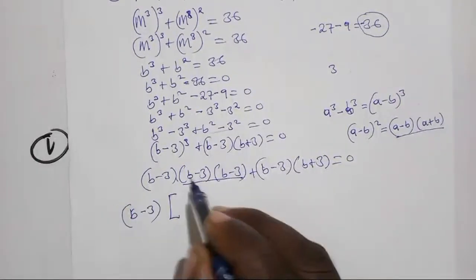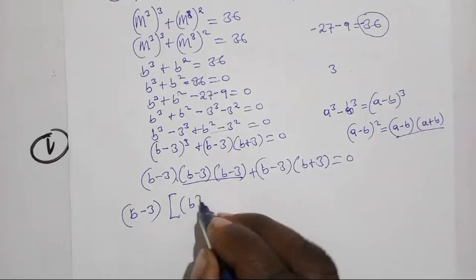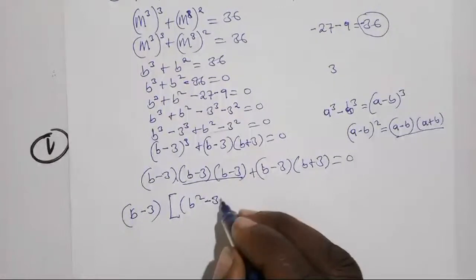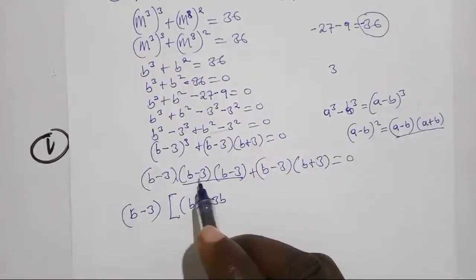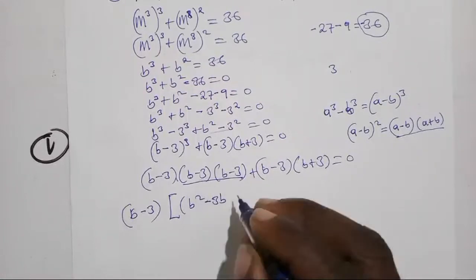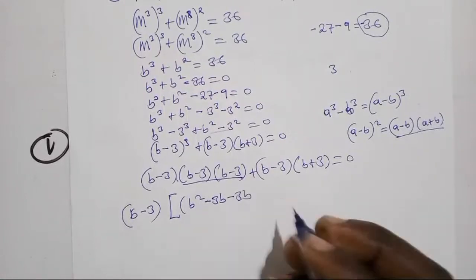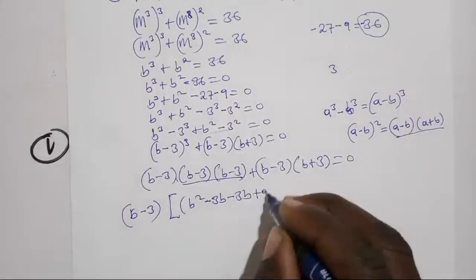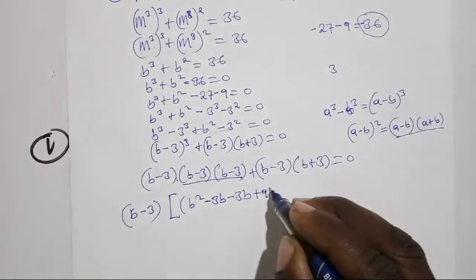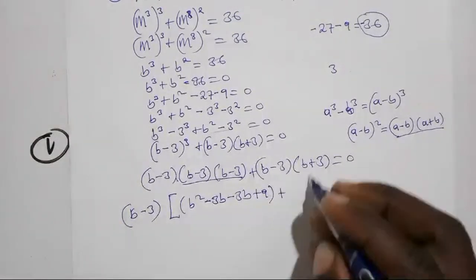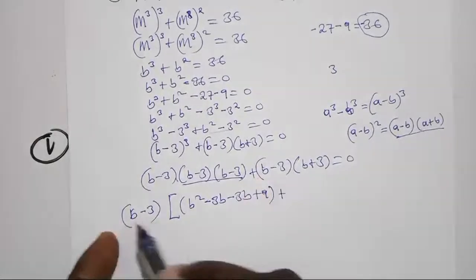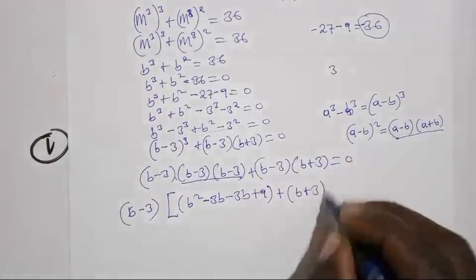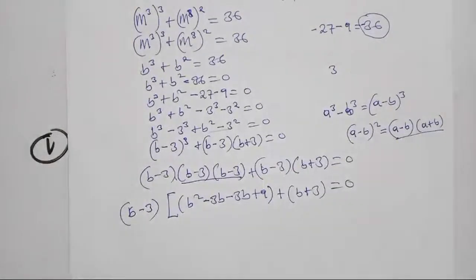So if you say b times b, which is b squared, b times the minus 3, we're going to have minus 3b, then minus 3 times the b, which is minus 3b, then minus 3 times the minus 3, it is positive 9, right? Then close bracket, then plus, because here we have factored out b minus 3, so we have remained with the b plus 3, which is equals to 0, right?